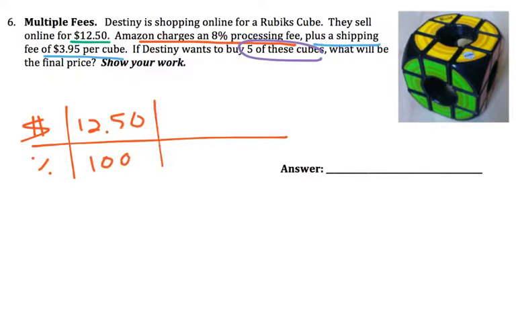And I want to get to 8%. So I'm going to use my calculator, and I'm going to do $12.50 divided by 100, because that will give me 1%, which is 125 thousandths. Then I can scale it up, multiply by 8.